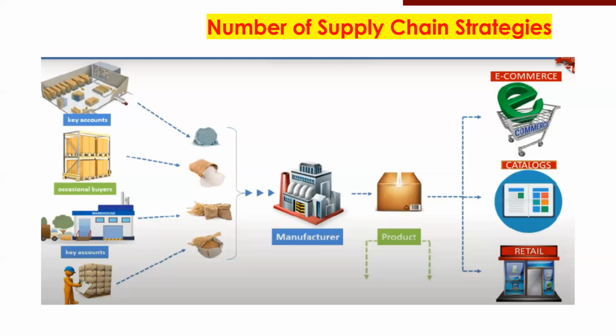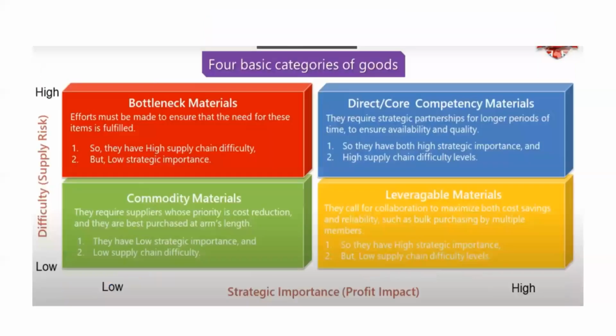Now, for ingredients, there are different types, no, according to supply chain management. So these are the 4 basic categories of goods or what we call your raw materials, kasi goods ang tawag nila sa textbook. Okay. So we have this bottleneck materials. So these are very important. Bottleneck materials refers to a product that is high, okay, difficult to supply, but low importance, no?